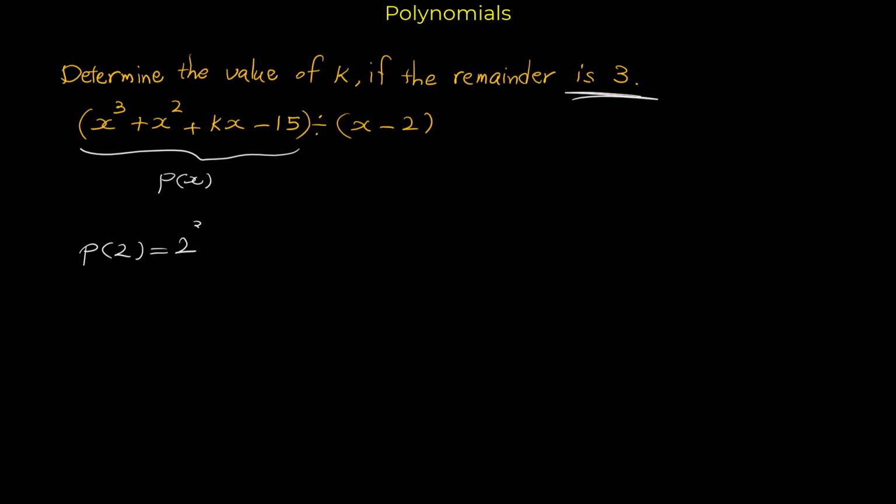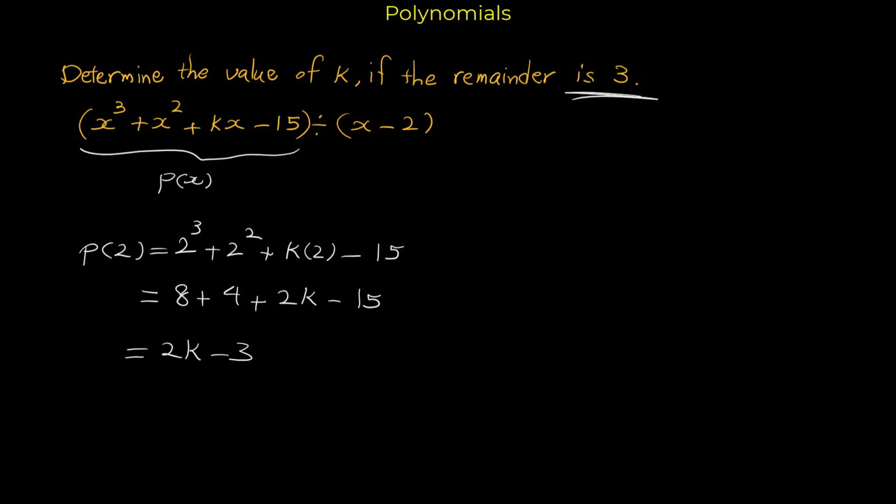So it would be 2 to the 3 plus 2 to the 2 plus k times 2 minus 15. 2 to the 3 is 8, 2 to the 2 is 4, plus 2k minus 15. 8 plus 4 is 12. 12 minus 15 is negative 3.